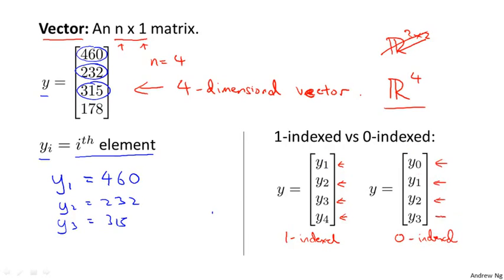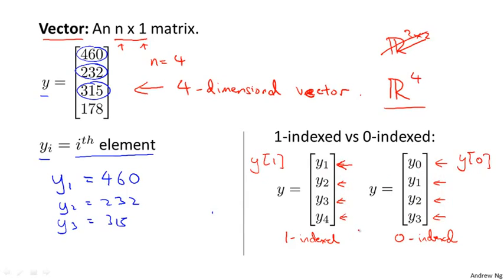So the elements go from y0 up to y3. This is a little bit like the arrays of some programming languages, where the arrays can either be indexed starting from 1, so the first element of an array is sometimes y1, this is kind of C++ notation, I guess, and sometimes is 0 index, depending on what programming language you use.